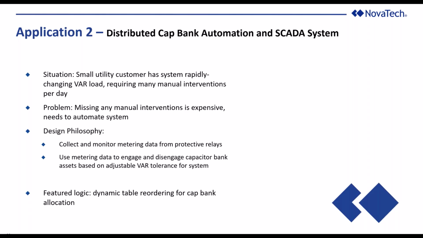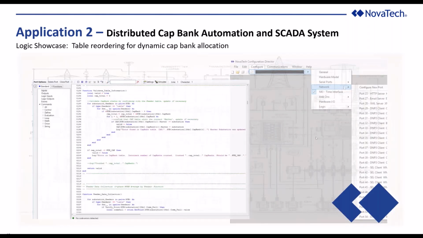So it was a dual-threaded system. So we had a dynamic system for reordering and reassigning which assets belong to which substation as it was being automated. So let's take this back to Ben, actually, and talk about these tables. So table reordering for dynamic cap bank allocation, that is the idea.